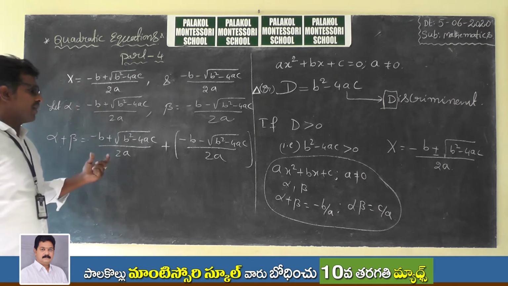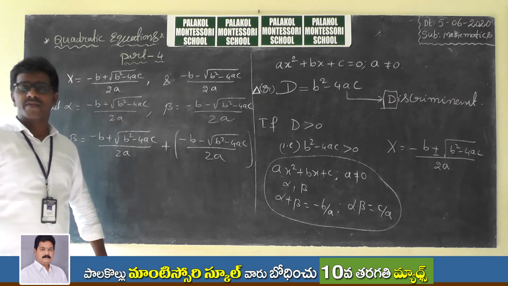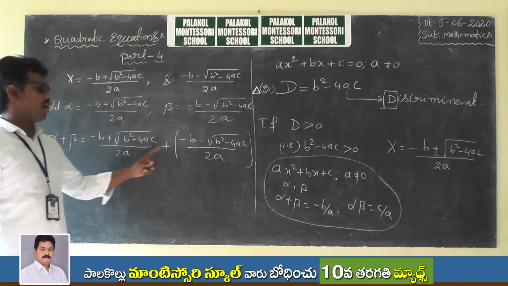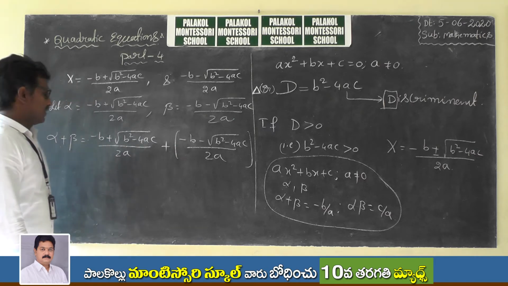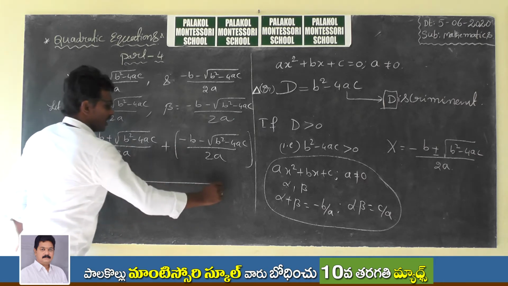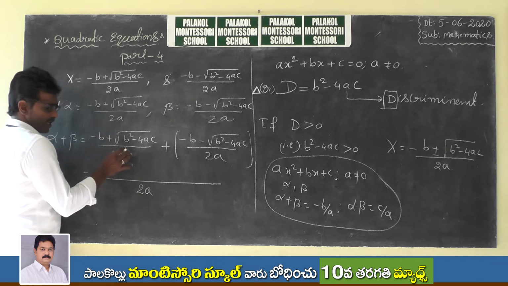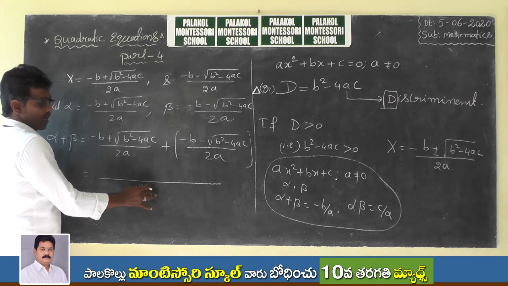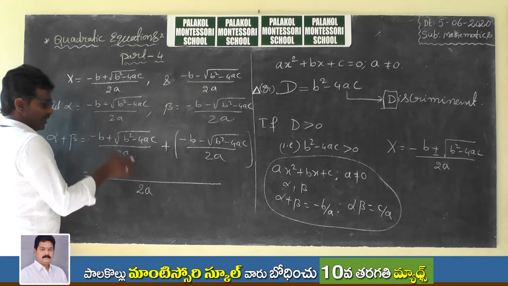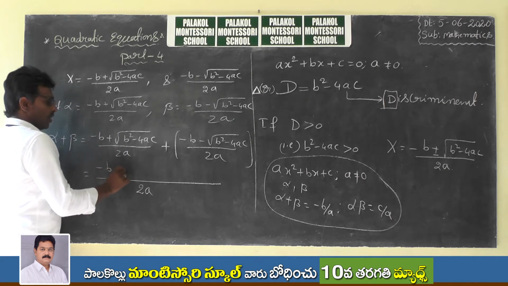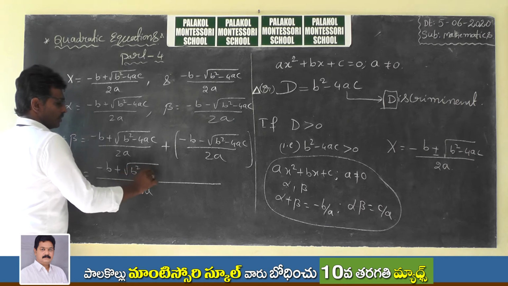Guys, what type of fractions are these? Like fractions. How do you know? The denominators are the same, so the LCM is just one term, 2a. It is directly numerator upon 2a.